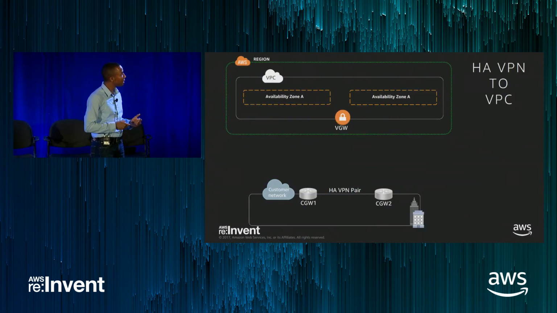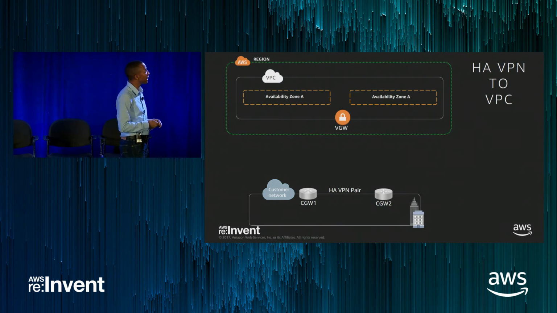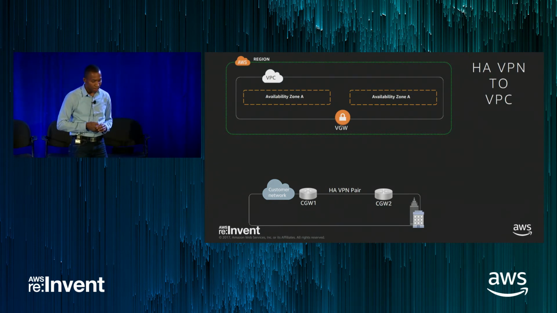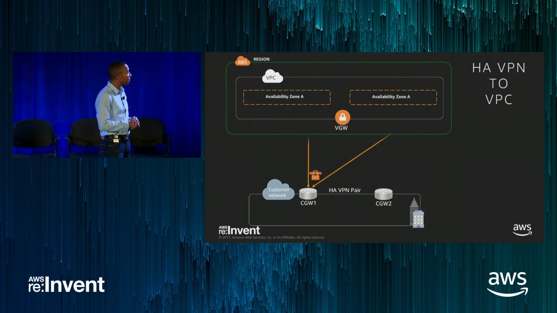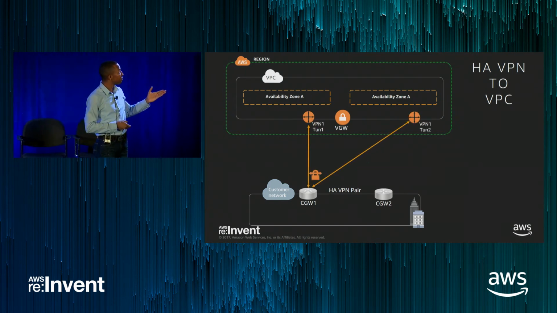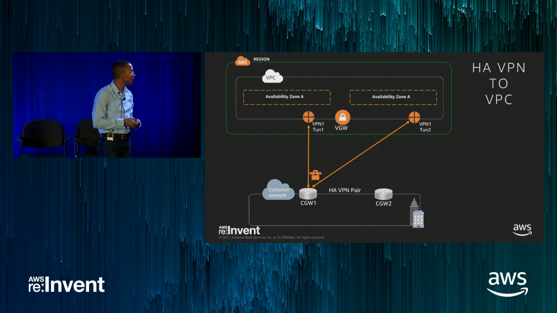Before speaking about that, let's look at what happens when you create an IPsec tunnel within AWS. When you create a VGW, Amazon today gives you the ability to specify your own private ASN. You can create multiple IPsec tunnels between the VGW and your customer gateway.